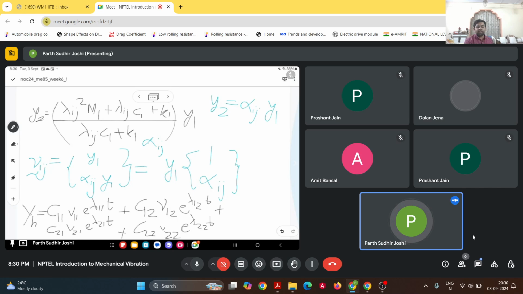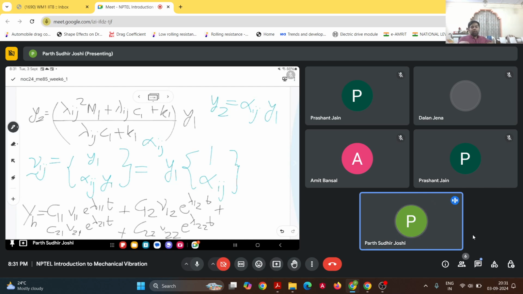So we can write it as a linear combination of the eigenvectors. So that is the solution, and C11, C12, or C21 and C22 are basically unknown constants which can be found out using the initial conditions. So this is our solution to the homogeneous differential equation, which is the free vibration.